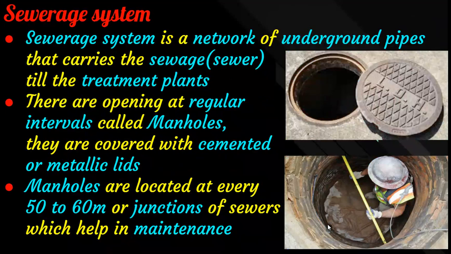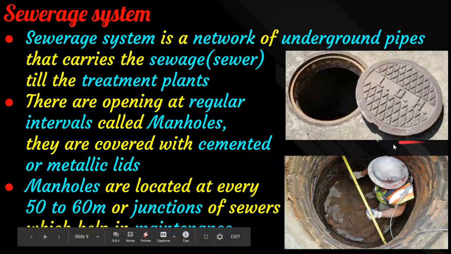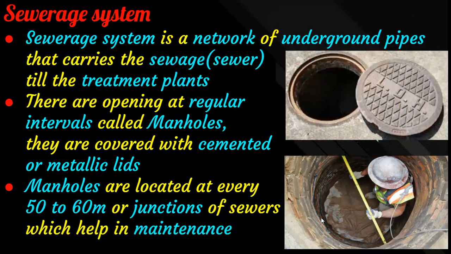These manholes enable a worker to go down and carry out repairs in the underground drains. These manholes are covered with metallic lids. This is a manhole and this is inside a manhole. The opening of the manhole is narrow and at the bottom of the manhole there is a big opening so that the sewage can flow freely.